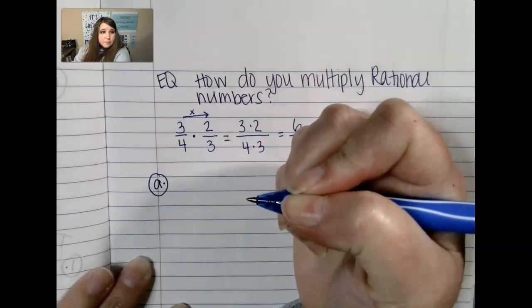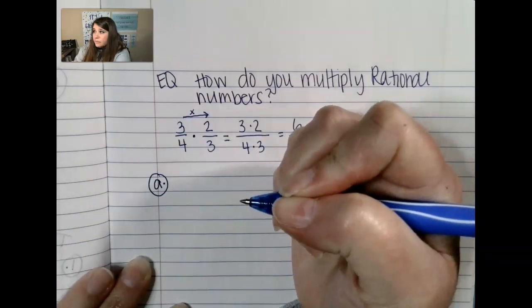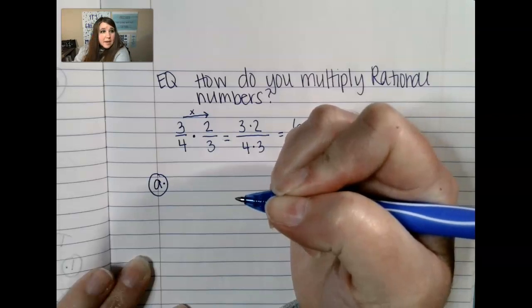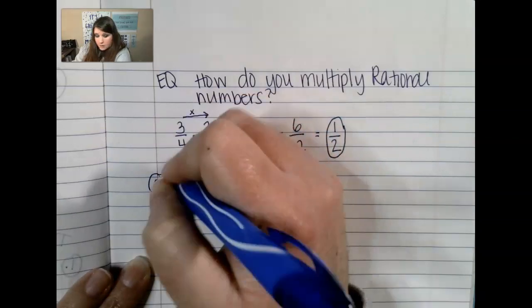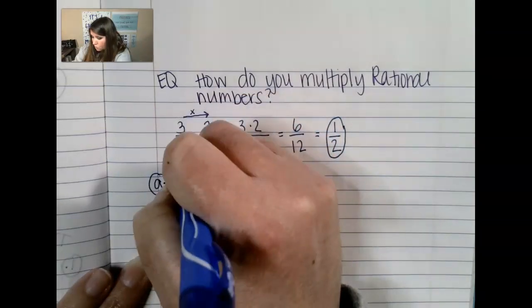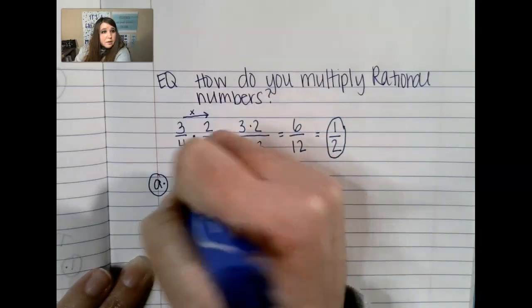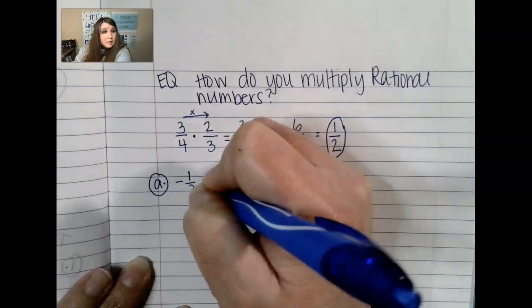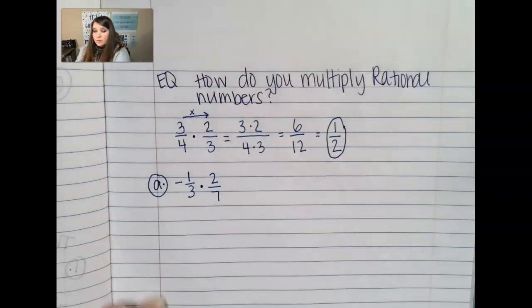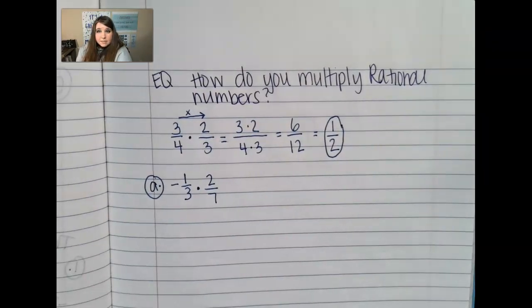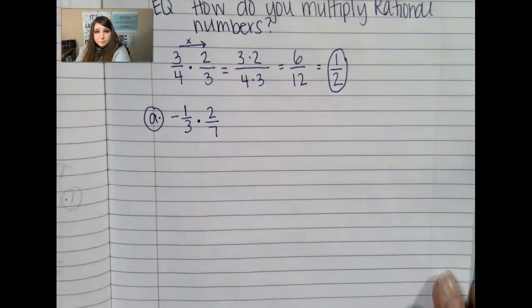Example A says that I have -1/3 times 2/7. Okay, so there's my first example. Let's go ahead and move this up.